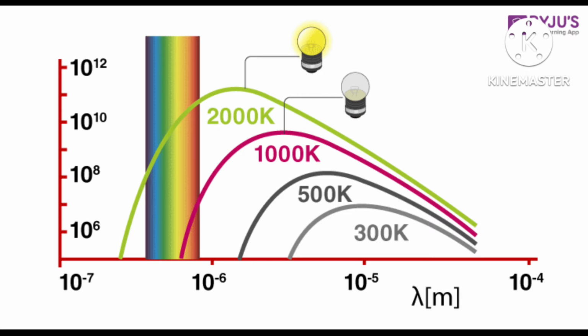Actually, it was believed at that time that they would emit or absorb continuously. But Planck suggested that atoms and molecules can emit or absorb energy only in discrete quantities and not in a continuous manner.